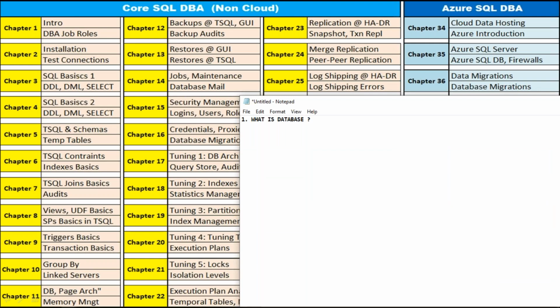Yes, fine. So what we learn today: what is a database, what is DBMS, database management system. Then what is SQL DBA? As an SQL DBA, it's all about maintenance, repairs, troubleshooting, and security management. It's all about high availability, called HA, and disaster recovery.